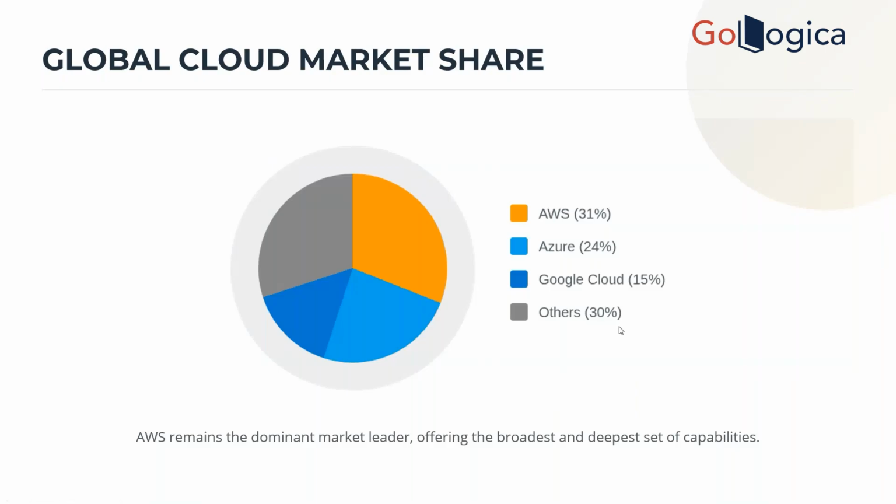So there are hundreds of other providers. Combining all those, it is 30%. The number looks bigger, but it is shared by hundreds of other providers, so each will be very much less than even 1%.